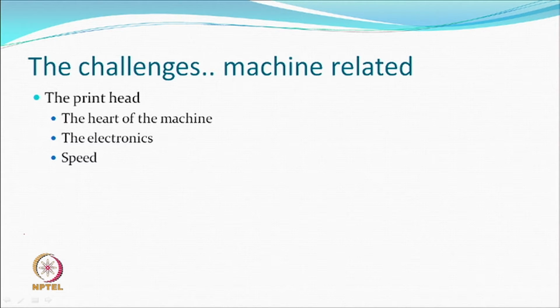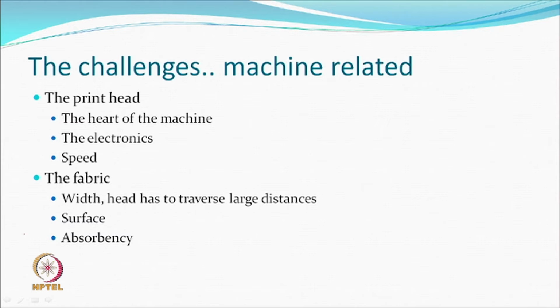The print head, which is the heart of the machine, must respond to every signal that comes, and the speed of printing also has to be seen, because finally the production also depends on how fast you can print. So, this is also still a challenge.